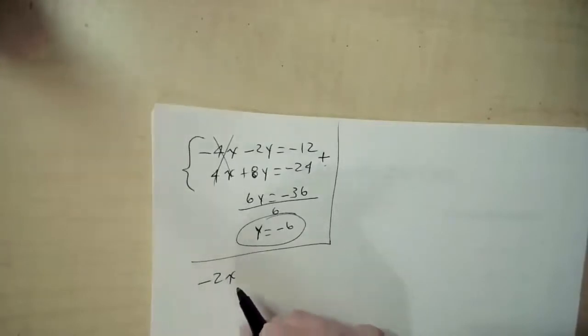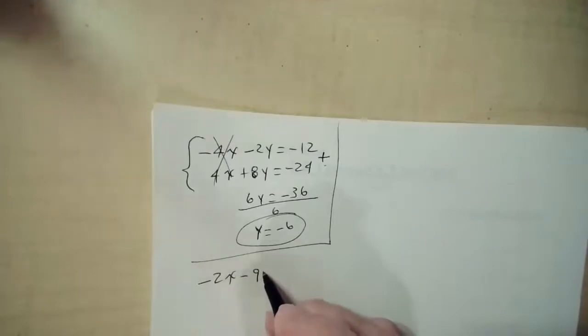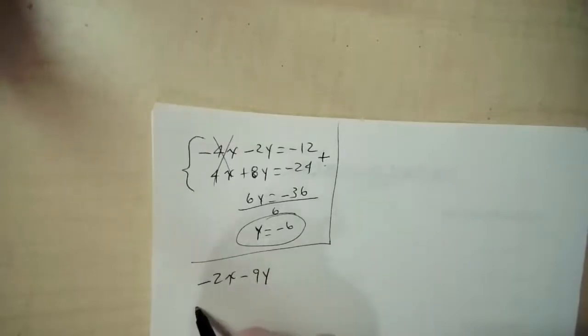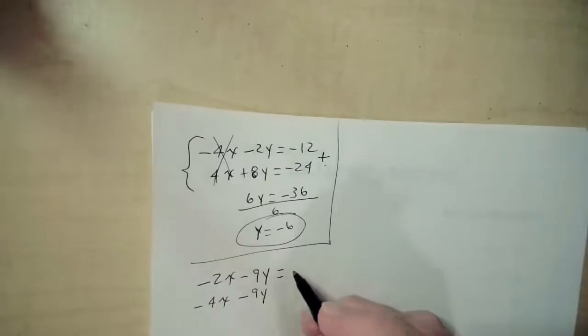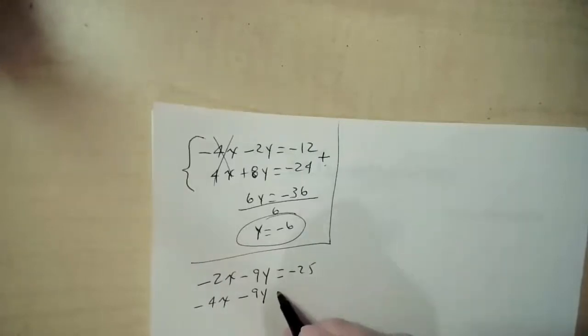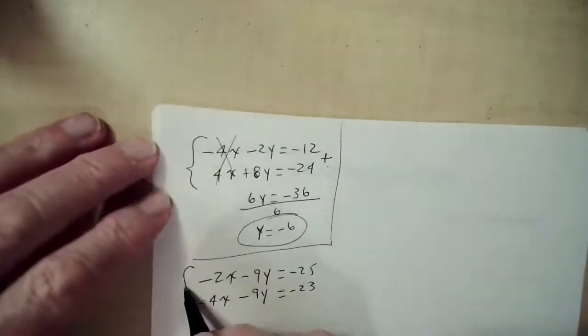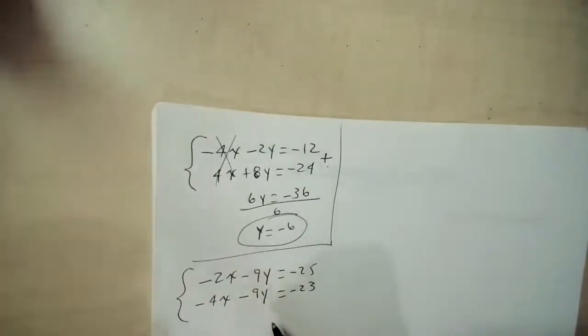Okay, here's one. Negative 2x minus 9y equals negative 25, and negative 4x minus 9y equals negative 23.